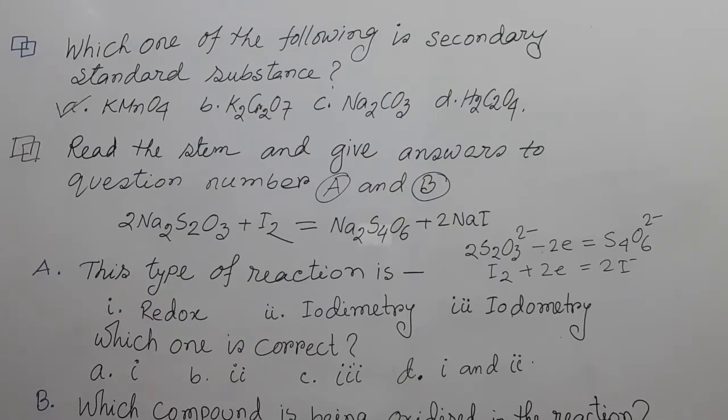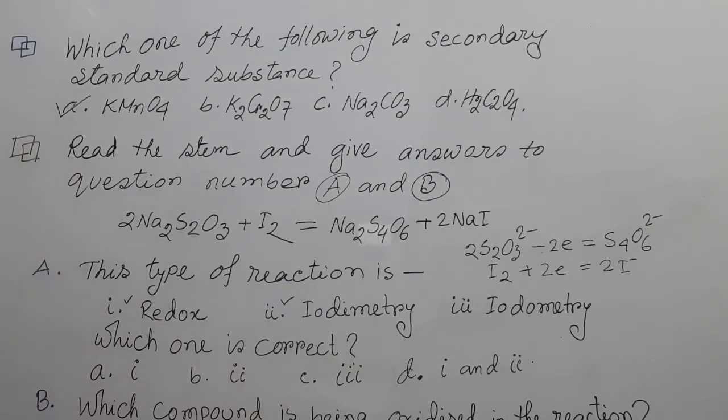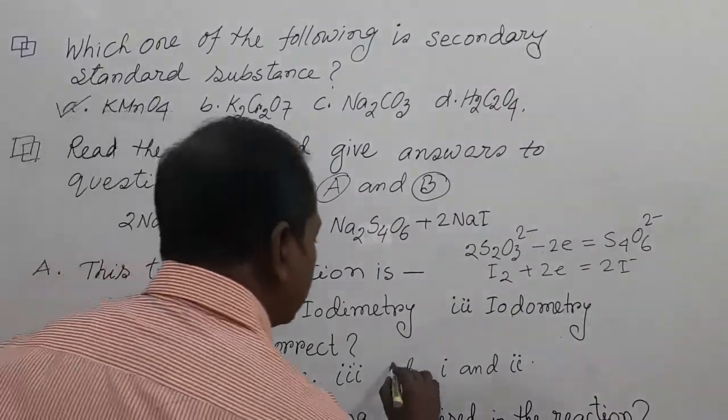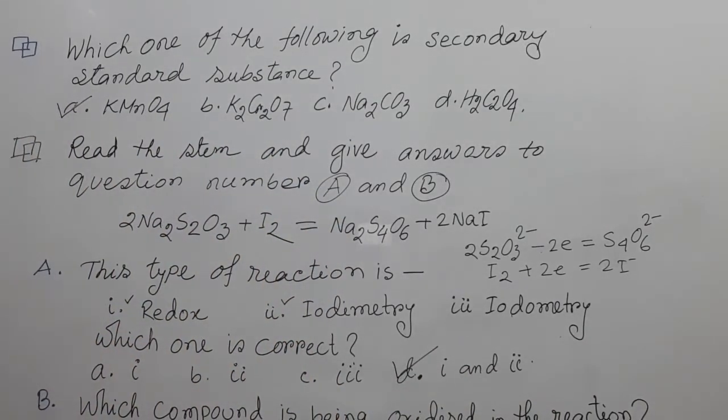So we can say that option A and option B are correct, and our question was which one is correct. So option D is the correct answer, that is, 1 and 2 are correct.